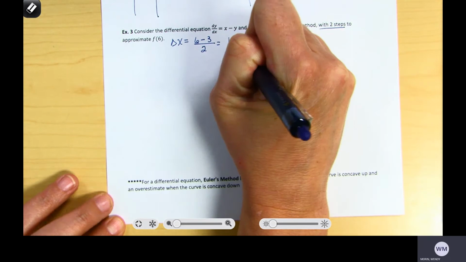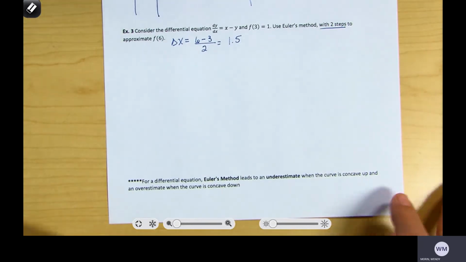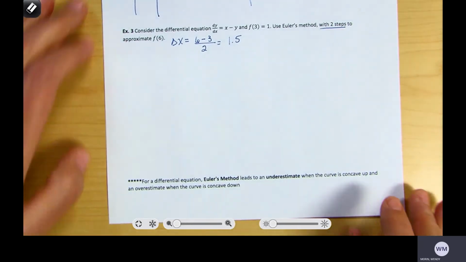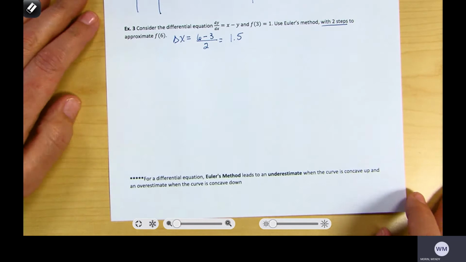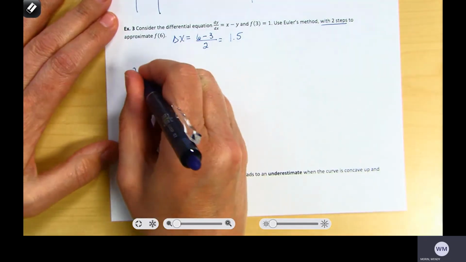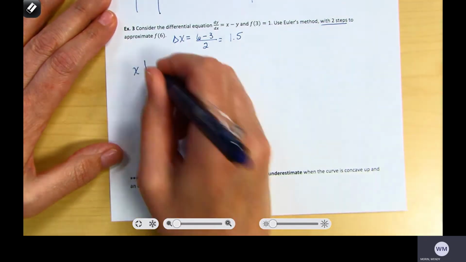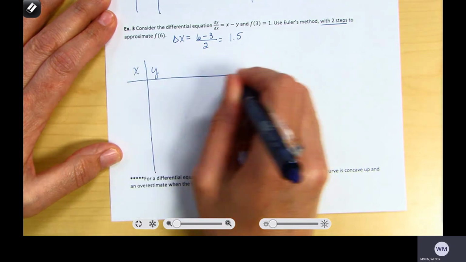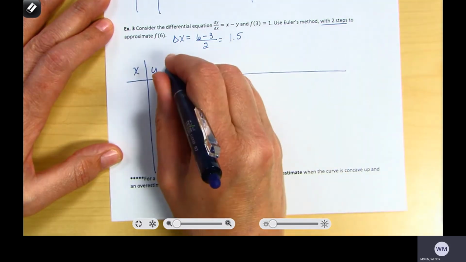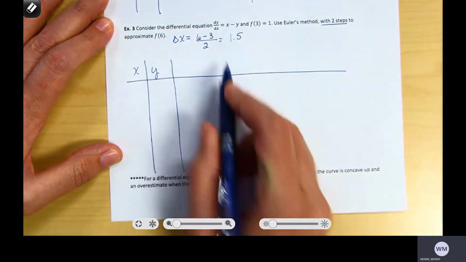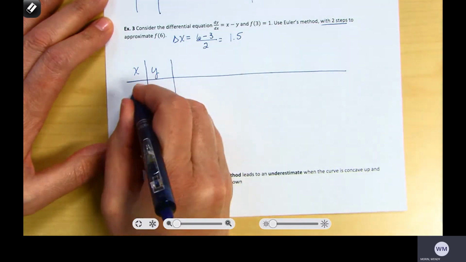Step size is 1.5. That's an awfully big step size. We're not going to get very accurate by doing a 1.5 step size, but just be happy we only have to do 2 steps. Because that's a lot less work, but it's also a lot less accurate, okay? So we are starting at 3.